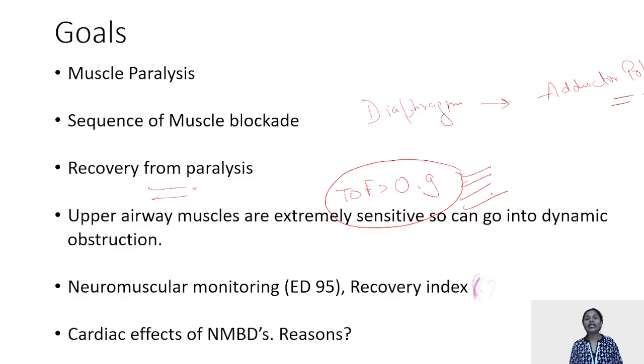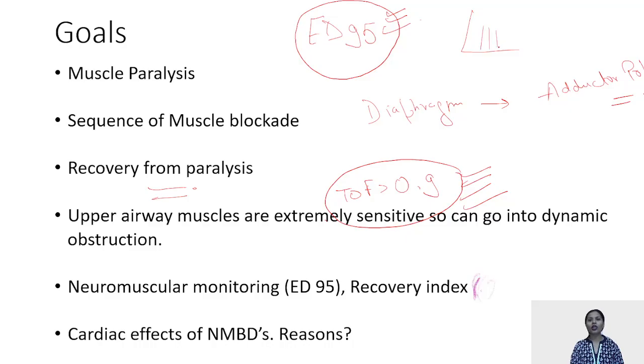Talking about the ED95 of your neuromuscular blocking agents, the ED95 is the effective dose 95. This is the dose which shows muscle paralysis in 95% of the patients. That is your ED95. Talking about the recovery index from your neuromuscular blocking agents, when we were talking about neuromuscular monitoring, we knew that twitch heights come in TOF or your PTC, this is how the twitch heights were coming.